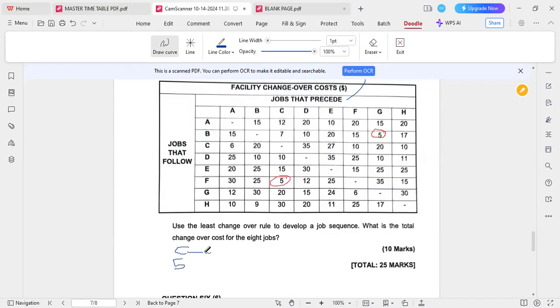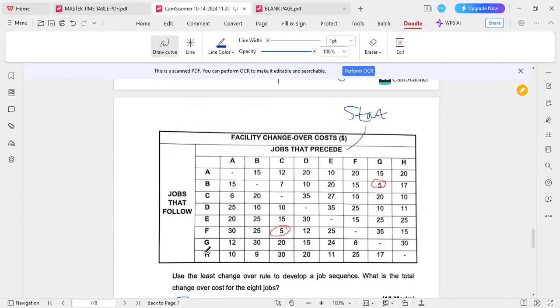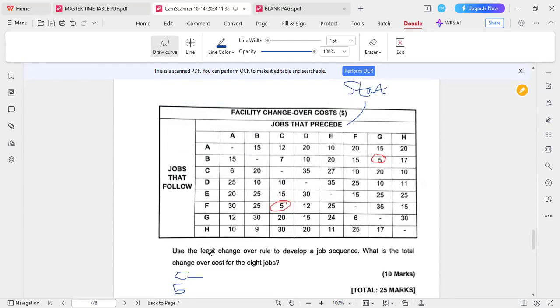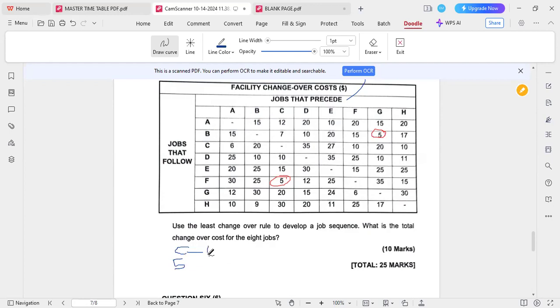After C, we have what? F. So F was now started. Go to F in this column here. What's the smallest cost in F? 6.